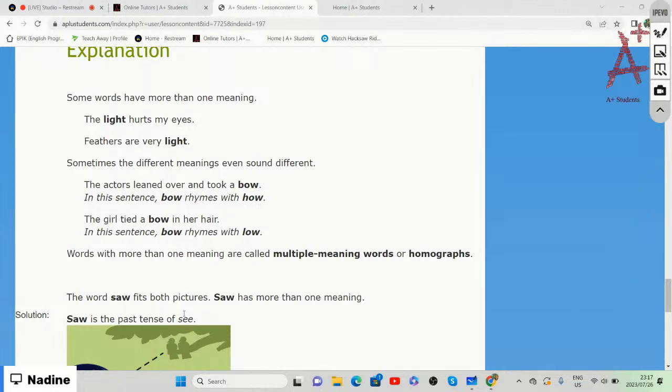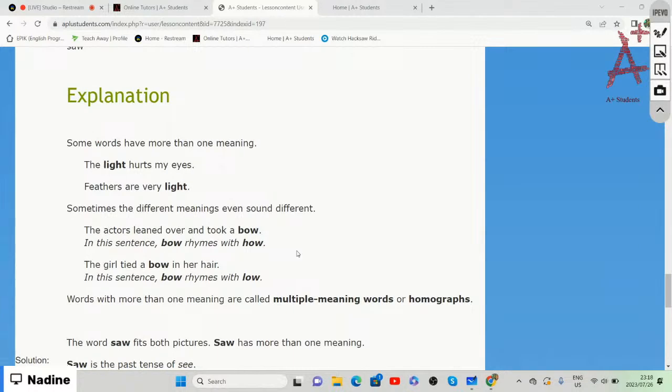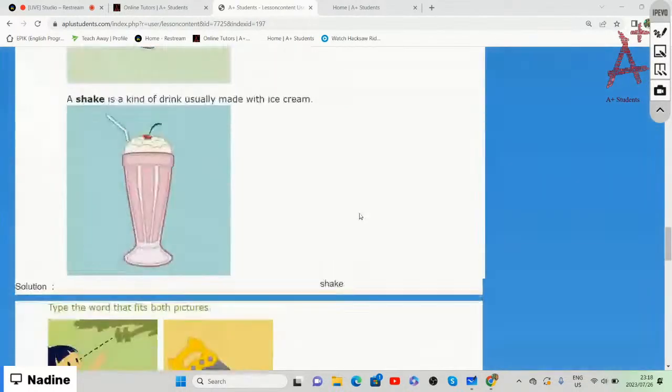And that is why we call them multiple meaning words, because you'll have a word that has different meanings. There we made examples of light, bow and bow, which are spelled the same, saw, bowl, and shake.